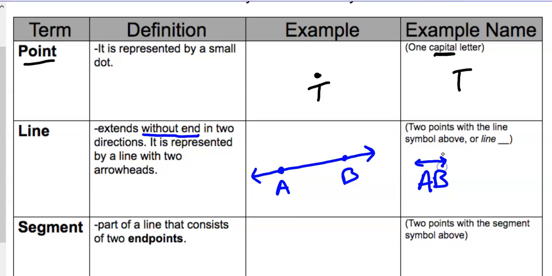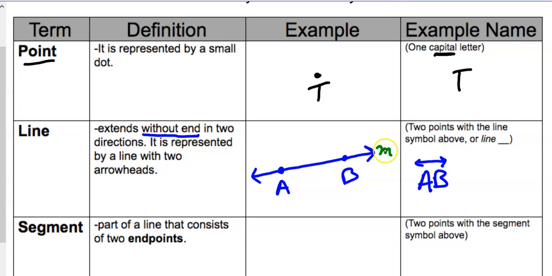And you're going to notice whenever we talk about segments and rays, they always have a symbol above it. Okay? A point does not. It's just one single capital letter. So these are capital letters because they're points, and again, I draw a little line above it. The other way to name a line is if, and now I'm going to use italic here, but mine will not look very italic, and I'm sorry about that.